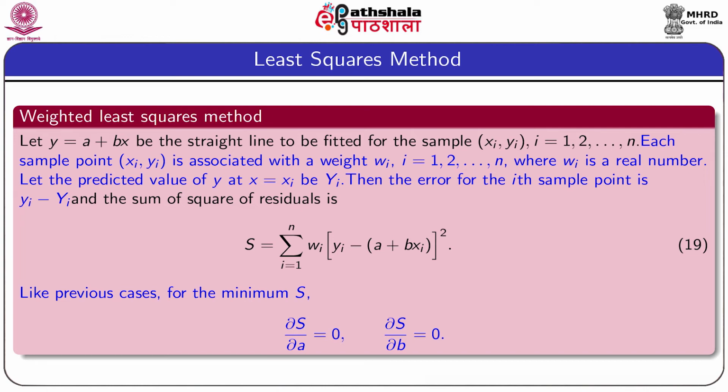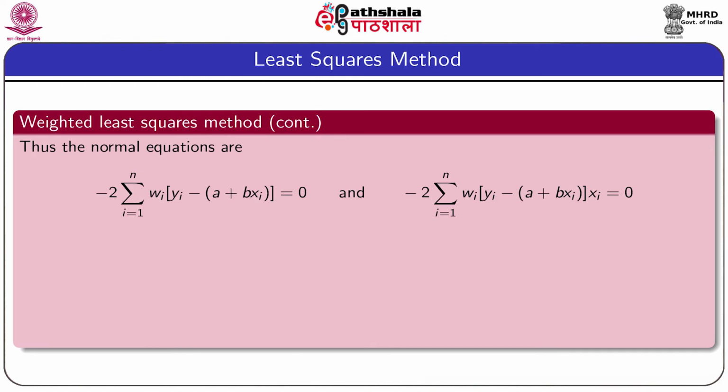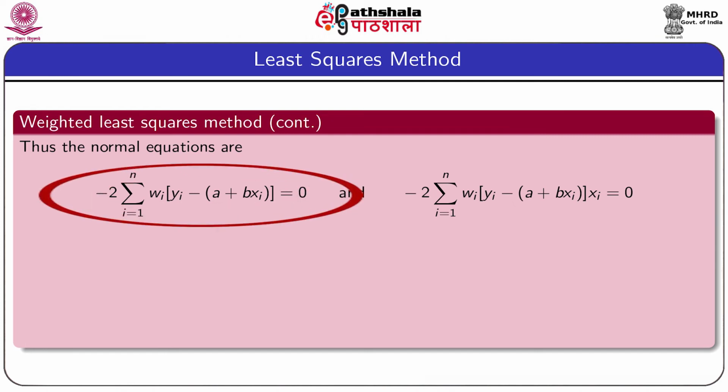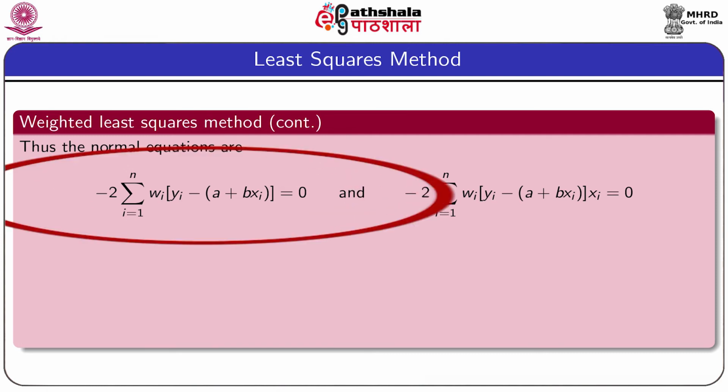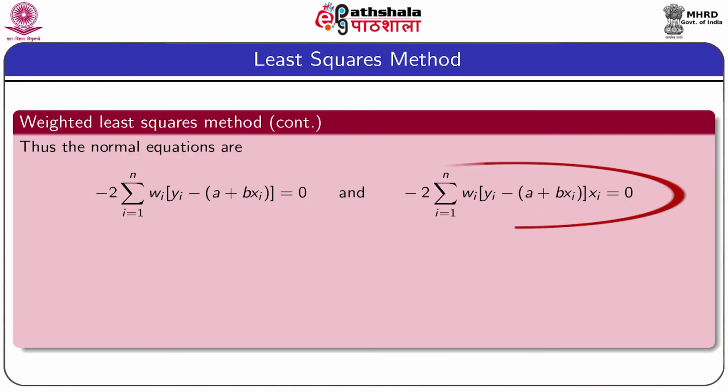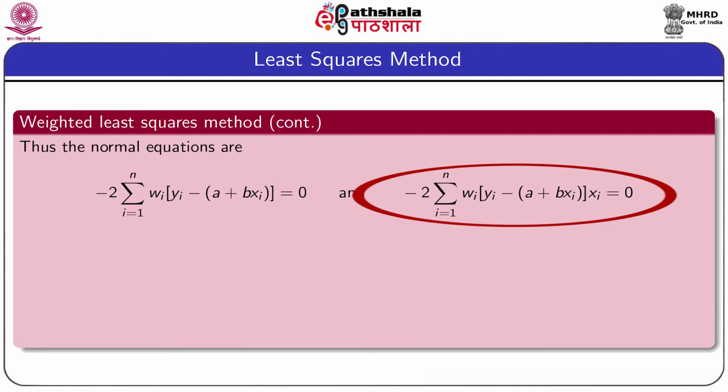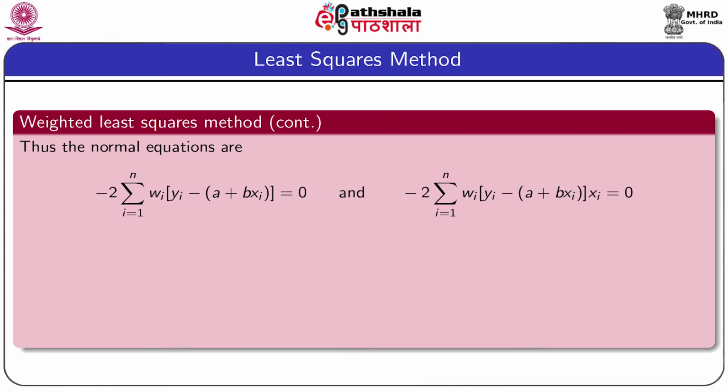Like previous cases, for the minimum S, del S del a equal to 0 and del S del b equal to 0. These are the normal equations. For this straight line, the first normal equation is minus 2 summation wi into yi minus a plus bxi equal to 0, and the second equation is minus 2 summation wi into yi minus a plus bxi whole into xi equal to 0.